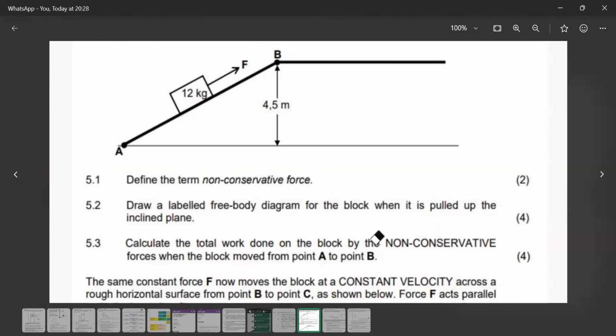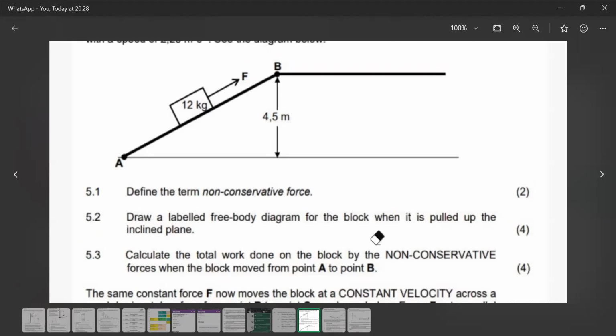And we also don't know the displacement of this block. Because the displacement of this block is not really 4.5. It's the distance that is covered from point A to point B. So we don't know that distance and we can't find it because we don't have the angle of the incline.